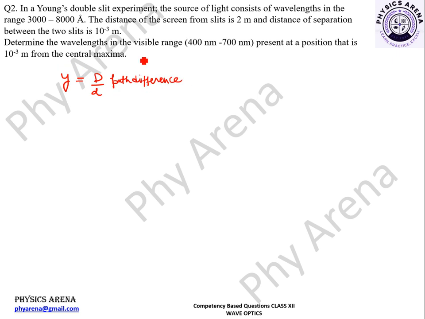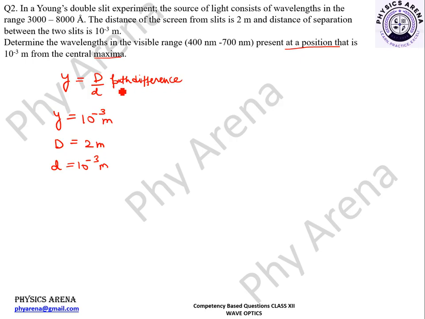Now, at the position where we have maxima, which is 10 to the power minus 3 meter from the central maxima, the value of y is 10 to the power minus 3 meter, capital D is 2 meters, and small d, the distance between the slits, is 10 to the power minus 3 meter. These are the values we can interpret from the question.